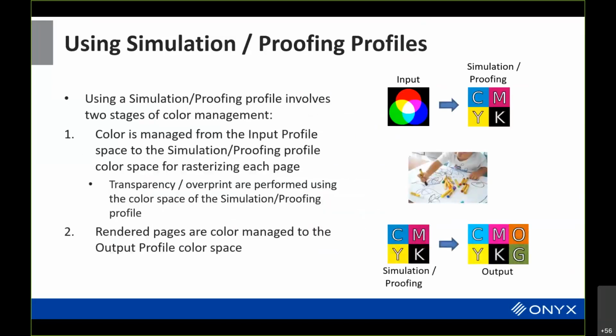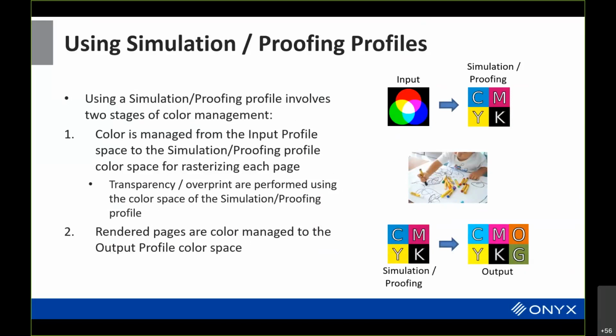Now, let me explain that just a little bit. So, in terms of using simulation and proofing profiles, what happens is we end up with two stages. The first stage is going to go from the input profile to the simulation proofing profile. We're going to use the transformation going from one to the next, and this may be a device link, or it may be just two profiles going through a PCS.